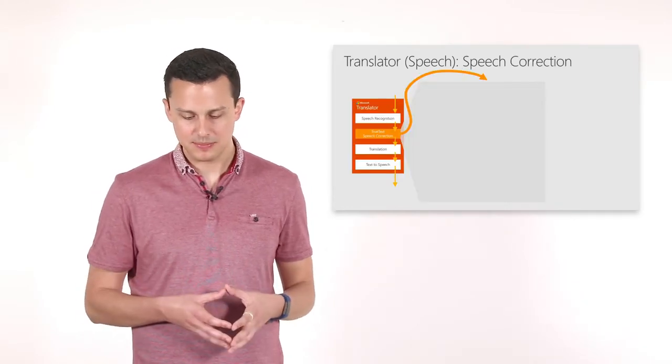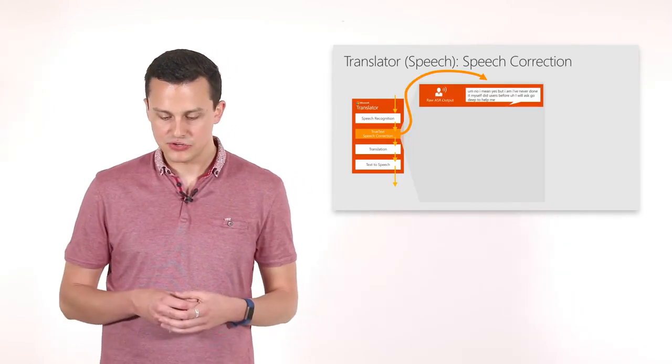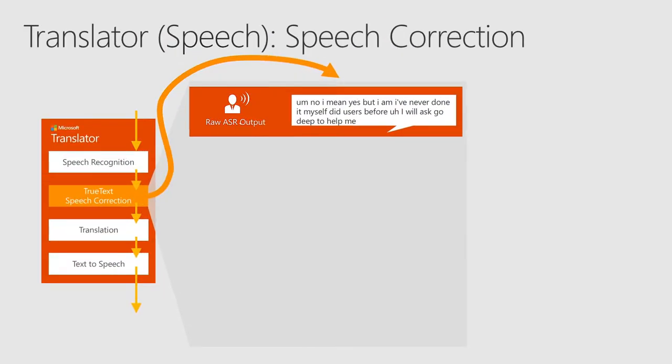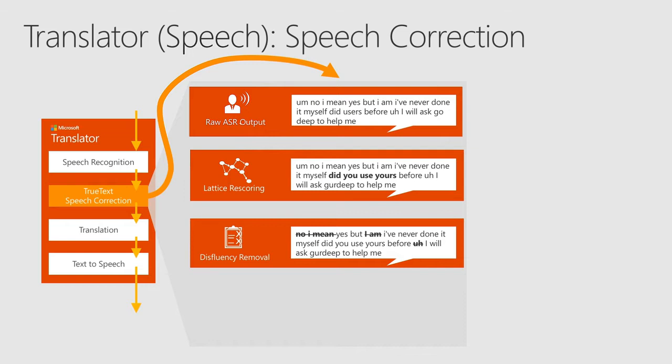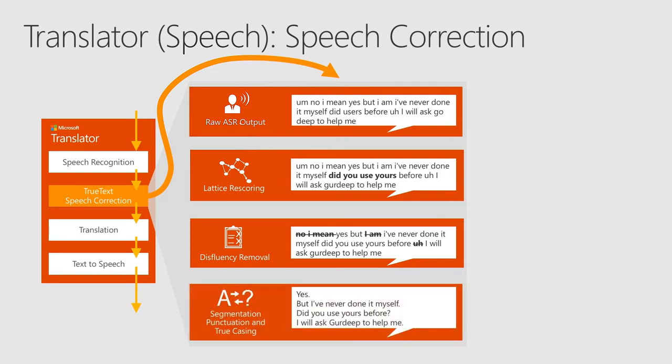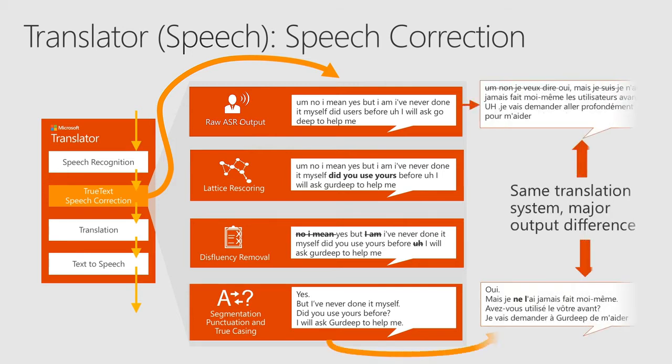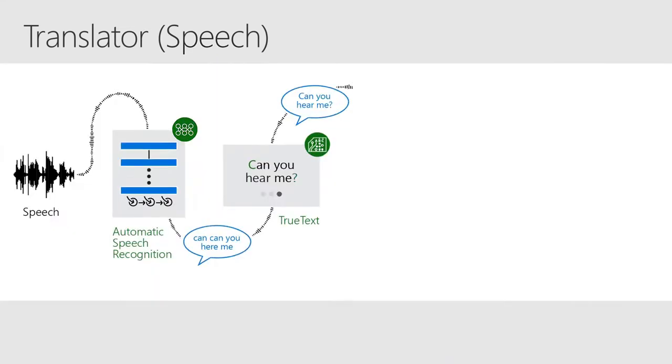And there are a number of steps here in TrueText text correction. So it takes the raw speech recognition output, it removes disfluency, it rescores and repredicts what words are likely to be, it applies segmentation, punctuation, and correct casing. And then it passes this clean output to the translation engine, which results in a much better translation and a much better outcome for our customers.